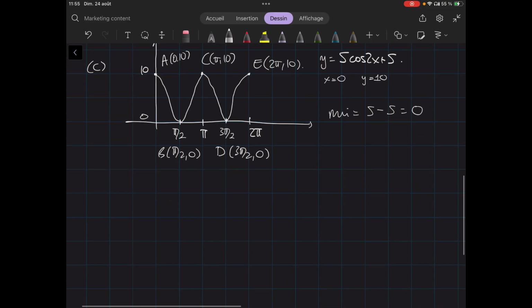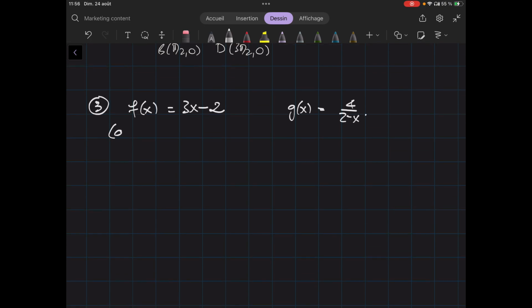Question 3. Part A. Solve the equation g of f of x is equal to 2. G of f of x, where there is x, you now replace it with f of x.